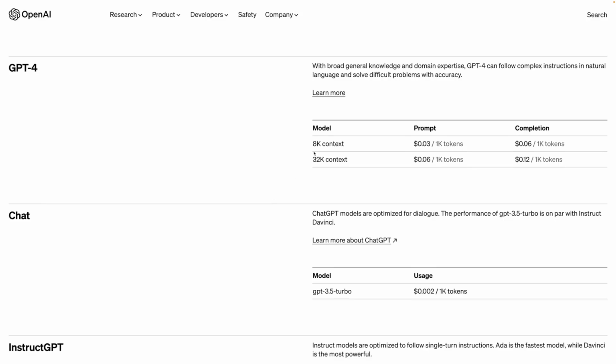For the default GPT-4 model, so to say, we have 3 cents for 1,000 tokens for the prompt and 6 cents for the completion. So this is the prompt and this is the output, so to say. For the 32K context, pricing is significantly higher, and for the 3.5 Turbo model, the pricing is significantly lower.